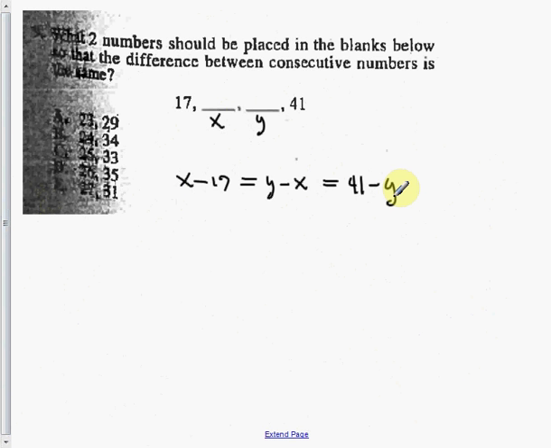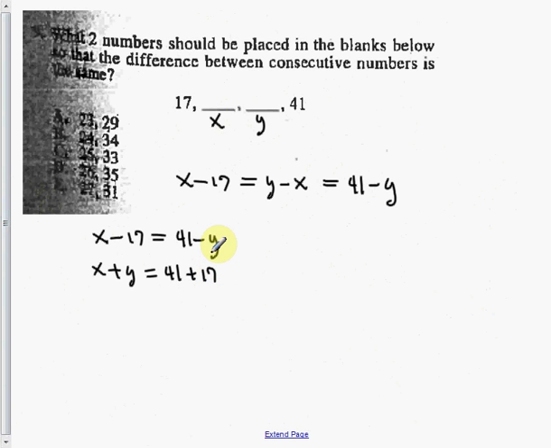The numbers must be consecutive. They must be right next to each other. If they're right next to each other, take their difference, and all those differences are the same. So I have x minus 17 is equal to, let's look at the one with the numbers, 41 minus y. So x plus y is equal to 41 plus 17.